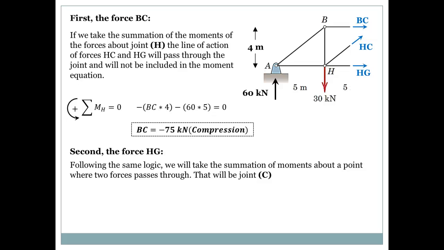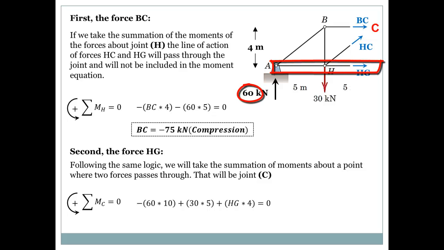So following the same logic, we will take the summation of moments about a point where two forces pass through. That will be joint C. Okay, 60 times 10, and it's clockwise, so it's negative, plus 30 times 5, which is counterclockwise, so that's why it's positive.